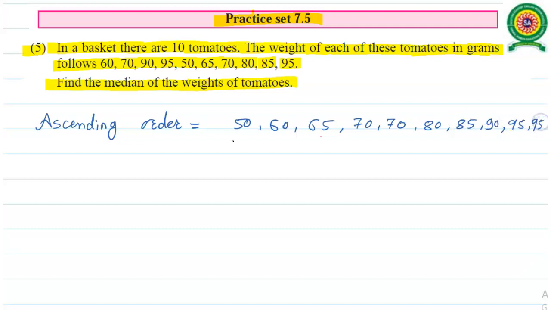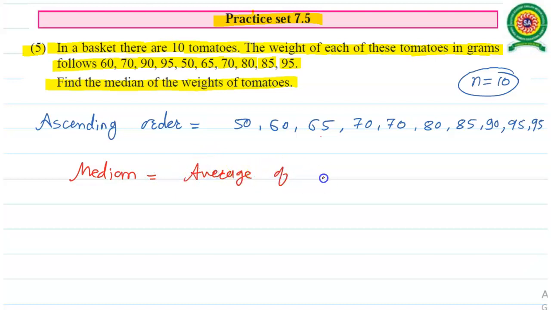Once we count the total number of observations, we have n equals 10. Since the total number of observations is even, because 10 is even, to evaluate the median we take the average of the middle observations.